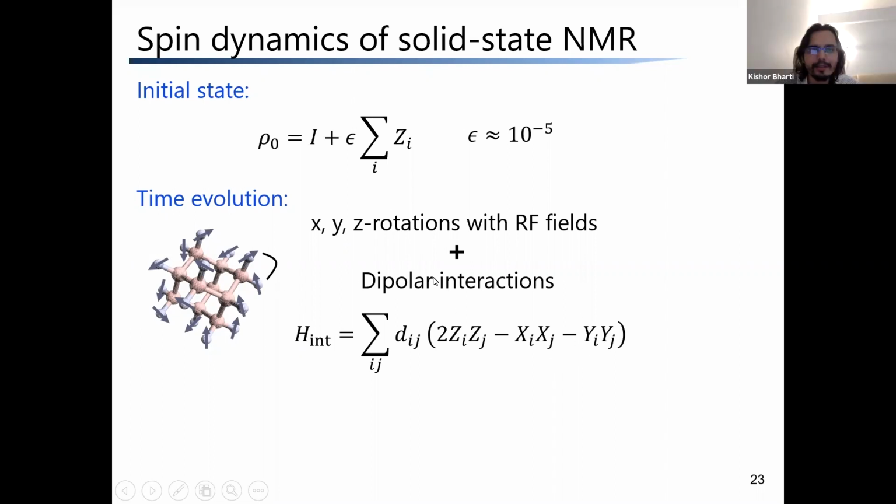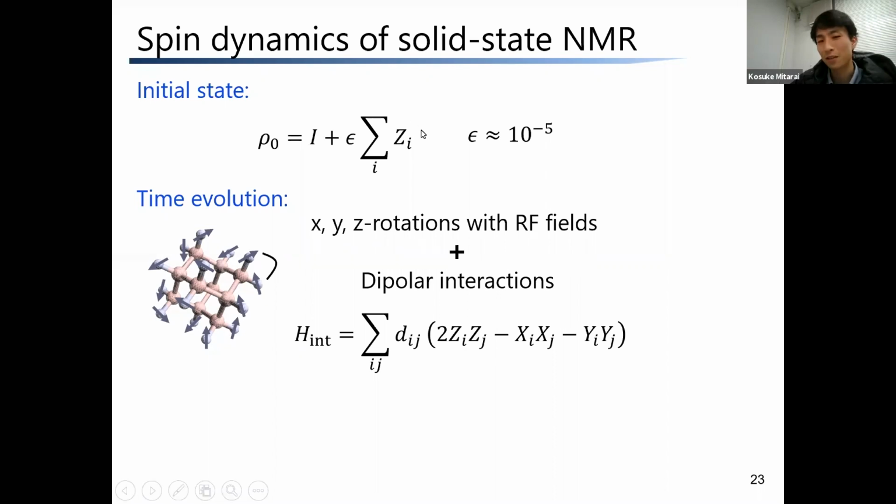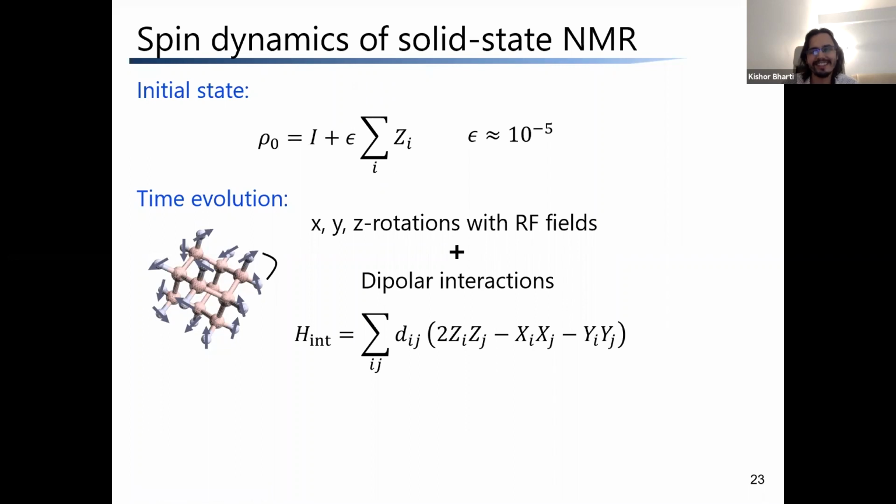I have a very basic question, very trivial kind of. So basically, this I is the identity matrix, right? So basically, the initial state in NMR is some kind of a maximally mixed state. Yes, very close to a maximally mixed state, but slightly away because it is slightly initialized.